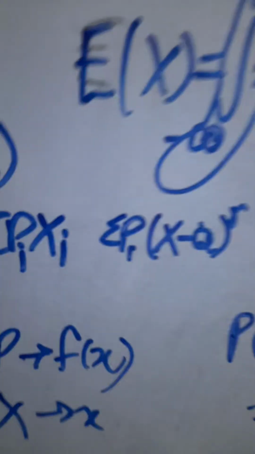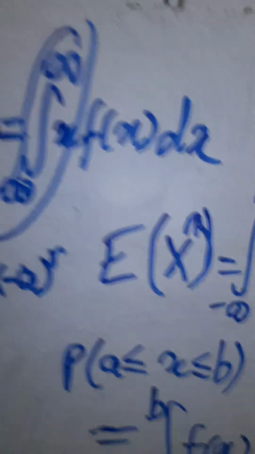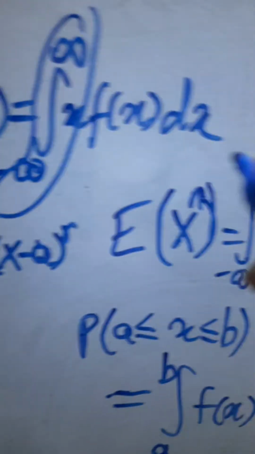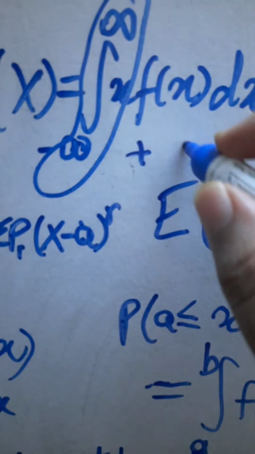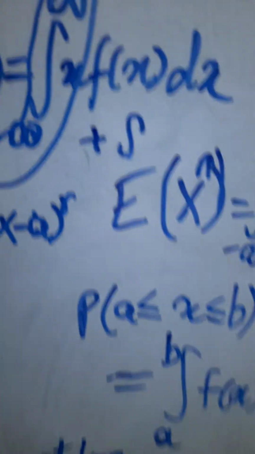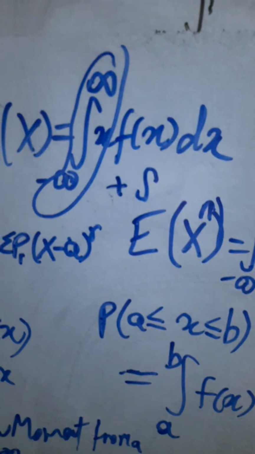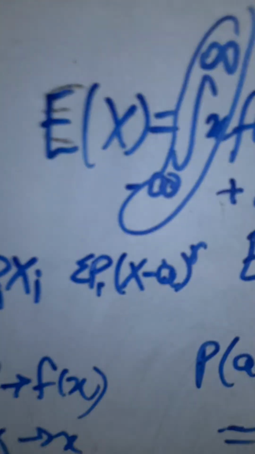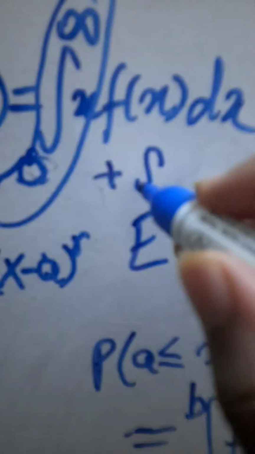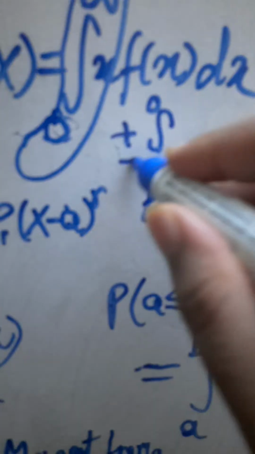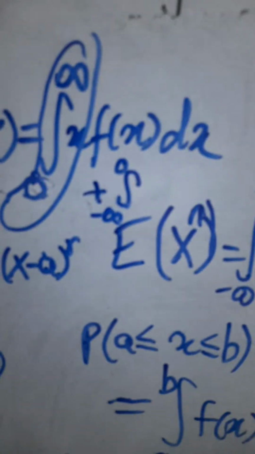So this is also there. Since this range is given, I would put 0 here, and for the other part only 0 and negative is there, so negative infinity is the lower limit, so I would put that.